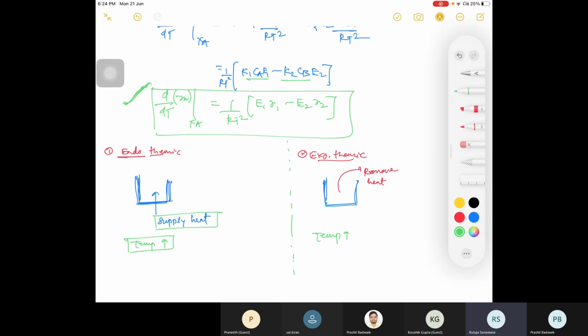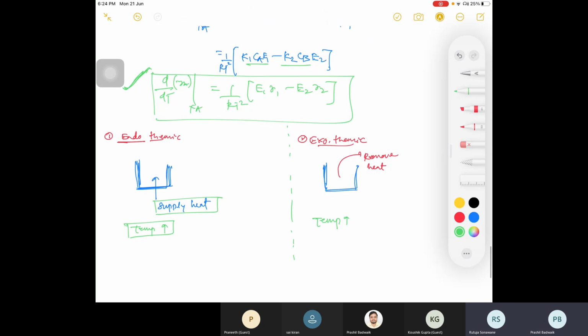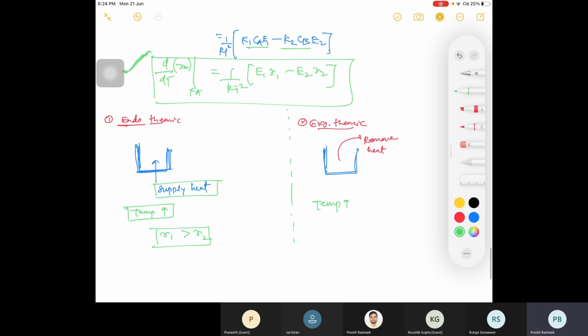The reaction will shift in forward direction. Xa will increase. Okay, so your forward reaction rate will be higher. So forward rate of reaction will be higher than backward. So instead of writing this, I will write R1 greater than R2 for endothermic reaction.